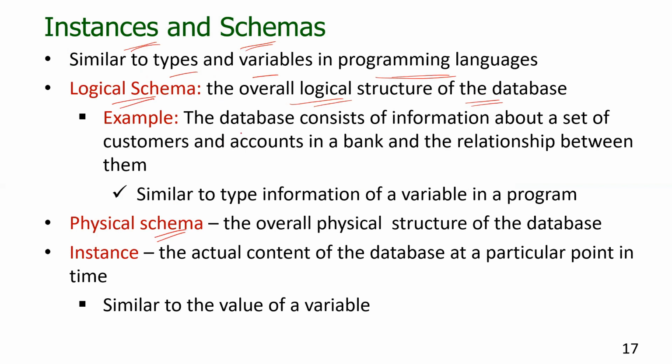For example, the database consists of information about a set of customers and accounts in a bank and the relationships between them. It is similar to the type information of a variable in a programming language. The physical schema gives the overall physical structure of the database, the storing of the data. So here we have two schemas, the logical schema and the physical schema.